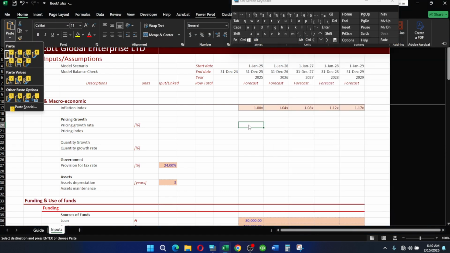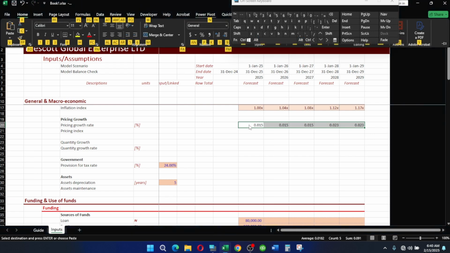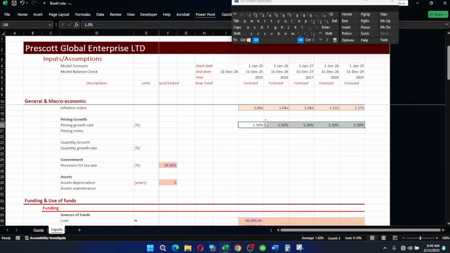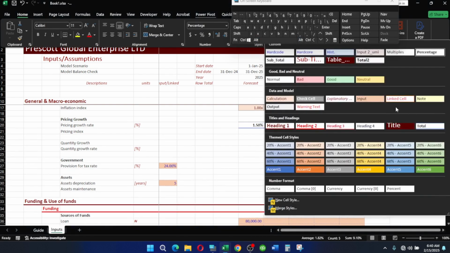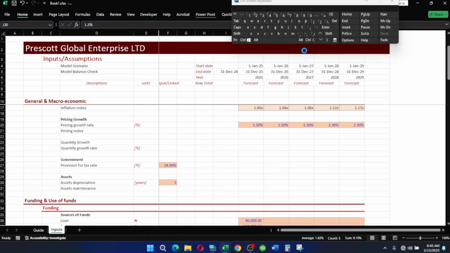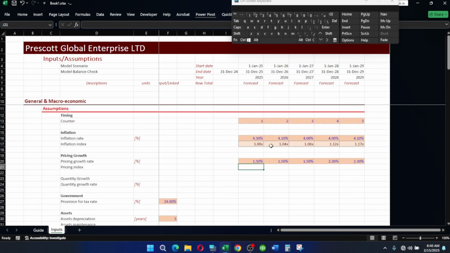So the growth rate is at this rate, so it's going to be an input. It's also going to be hard coded, right? Now the same way we calculated our inflation index, that's how we're going to apply the growth.